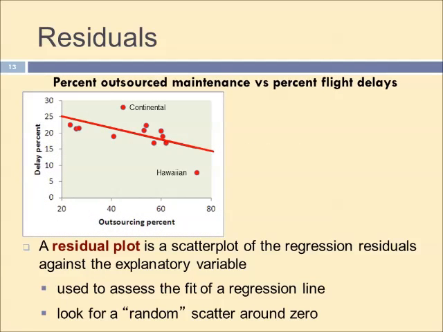For example, suppose we have the percent outsourced maintenance versus percent flight delays for several airlines. We see there's a nice line there and the points are scattered around.